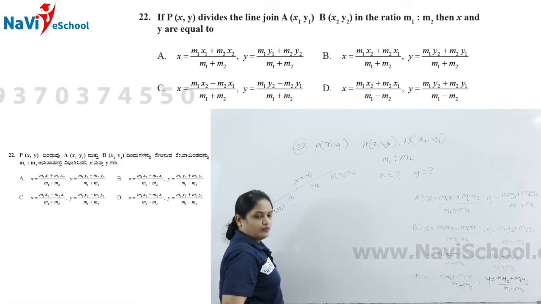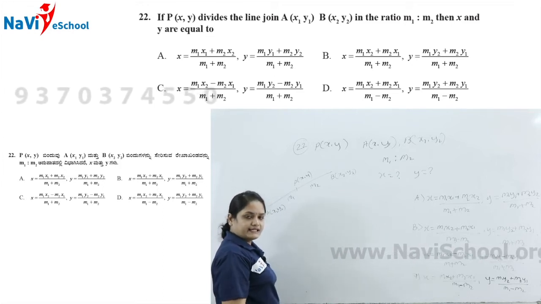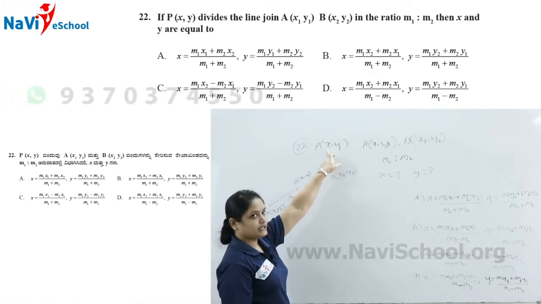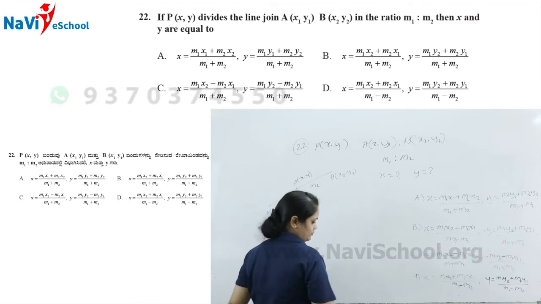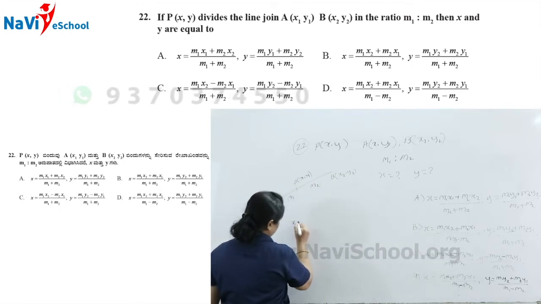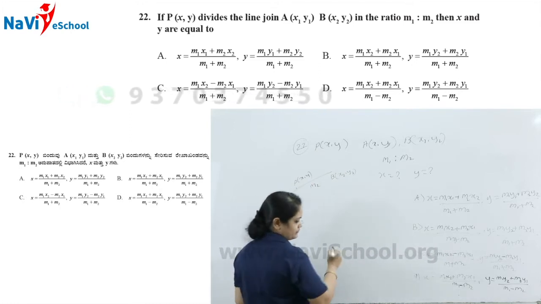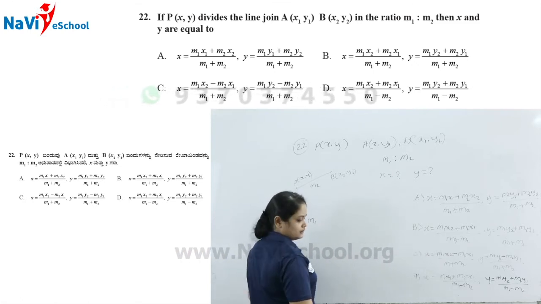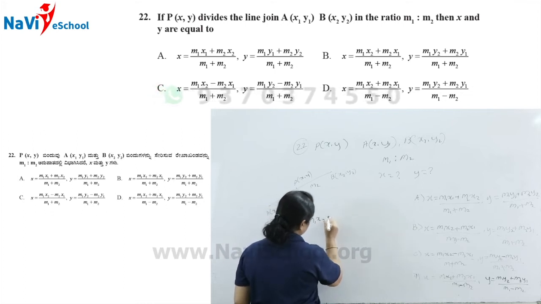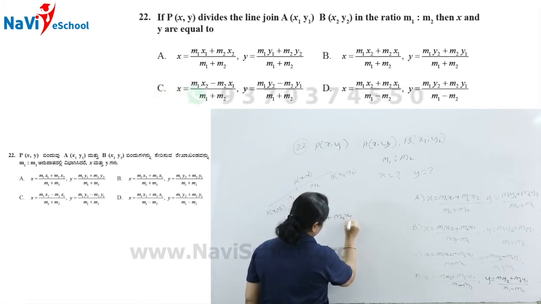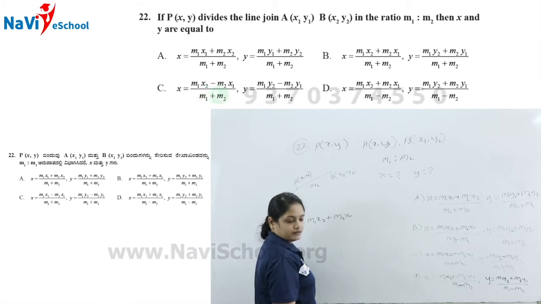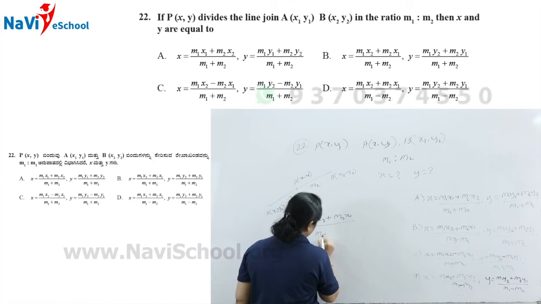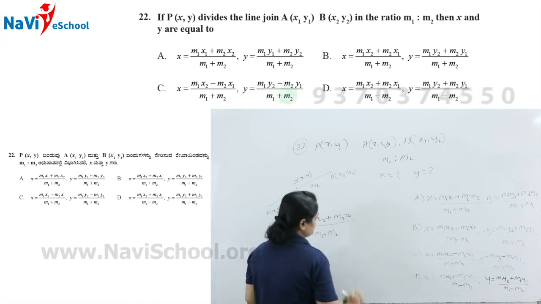Then what are our values to find out x and y? To find out this x and y, we have a formula. X is equal to m1 x2 plus m2 x1 whole divided by m1 plus m2.